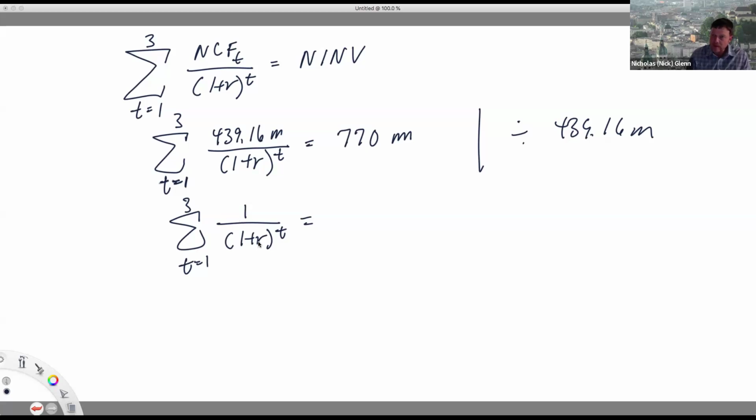What rate of borrowing cost here would cause you to break even with this ratio of 770 million divided by 439.16 million? And what would determine that to be in this case is 1.753. Okay. So now let's go to our ebook.